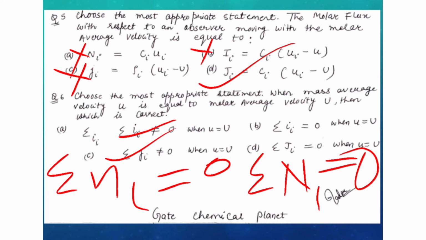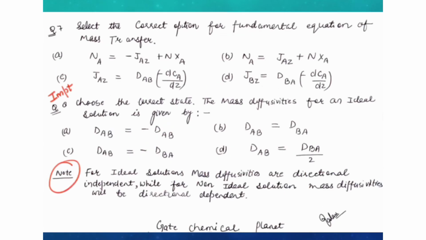So this is a multiple select question where two answers are correct. These types of questions may come in the coming GATE examination, so be careful. And if you need the table showing the mass average velocity and molar average velocity, I will add it into the notes. Okay, now come to the next question.